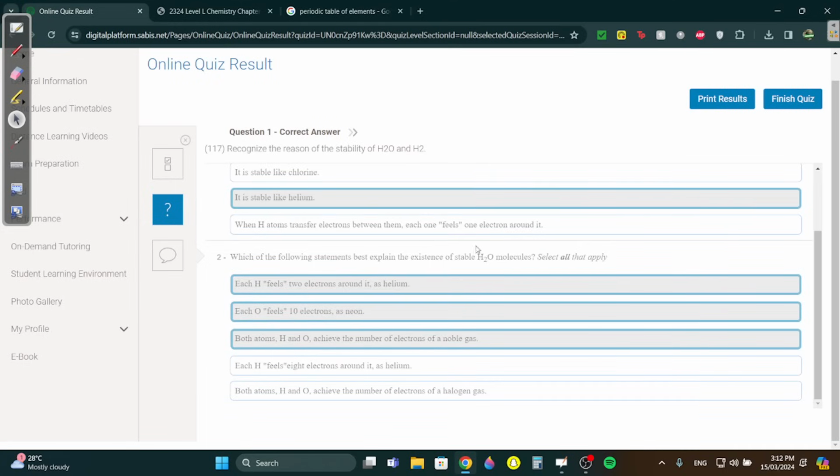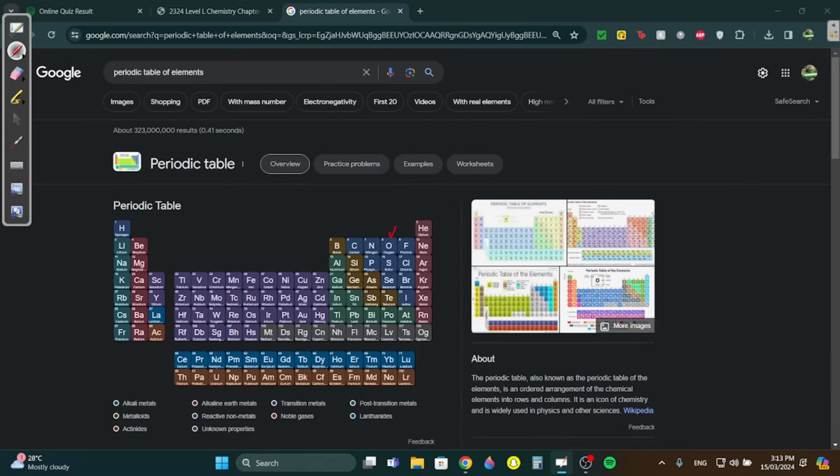How about water? How is water stable? Water has H2O. Each H feels as if it has 2 electrons, because it's 2H, so 1 electron, 1 electron. It looks like helium. Each O feels as if it has 10 electrons, like neon. You know that O in the periodic table has atomic number 8, hence 8 electrons.